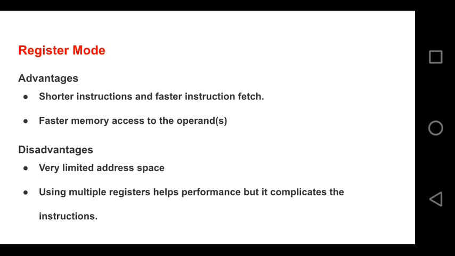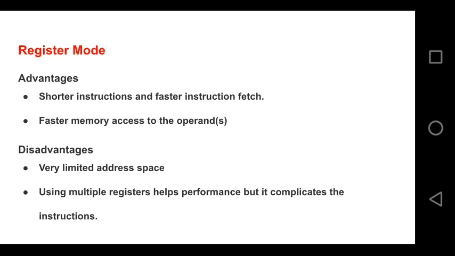So if the operand is in the register, it takes very little time to fetch the values present in the operand, compared to operands present in a memory location. These are the advantages.